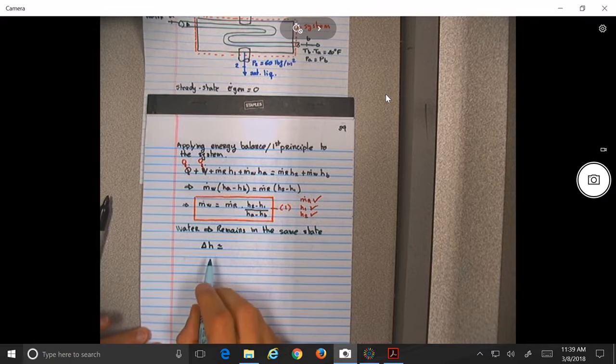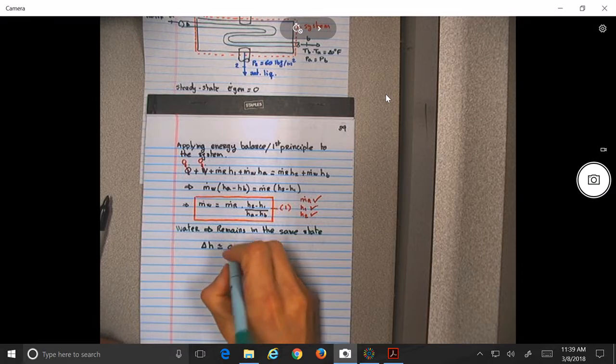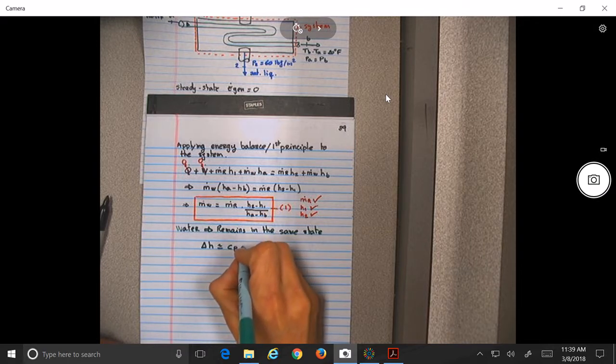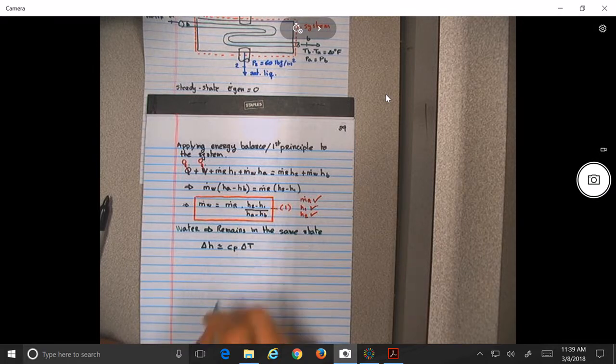the change in enthalpy is proportional to what? Remember, that was one of the important things I told you: the change in internal energy is proportional to C sub V delta T, and this should be proportional to C sub P delta T, no?